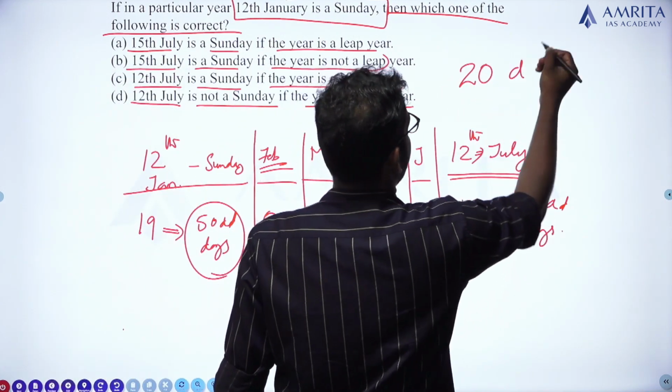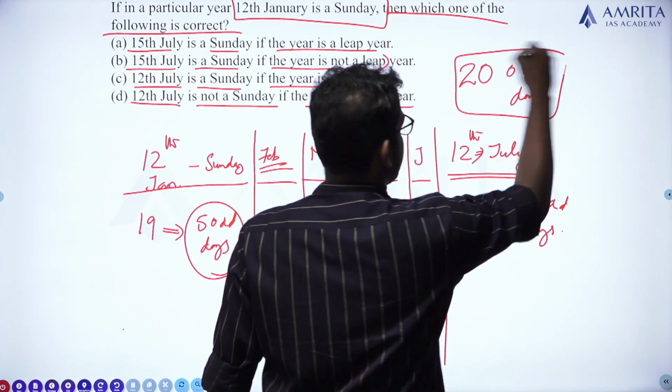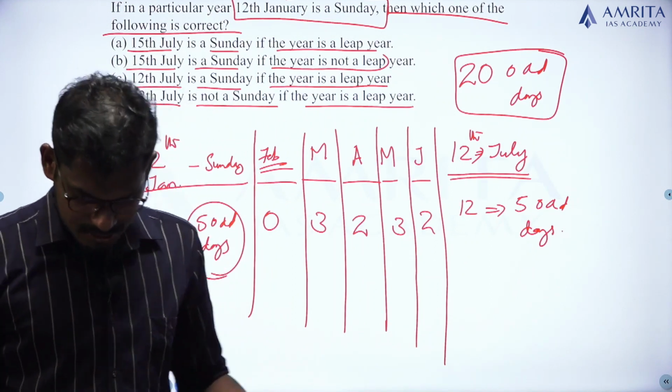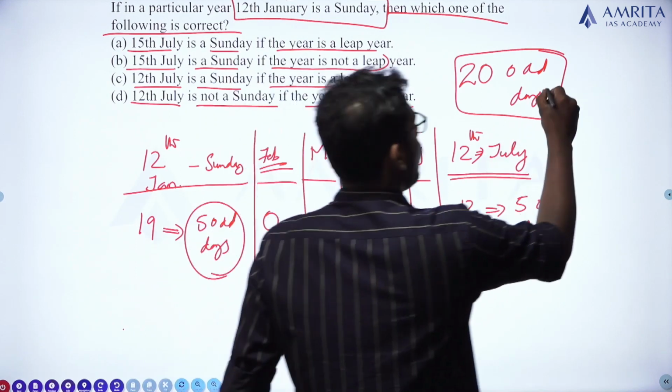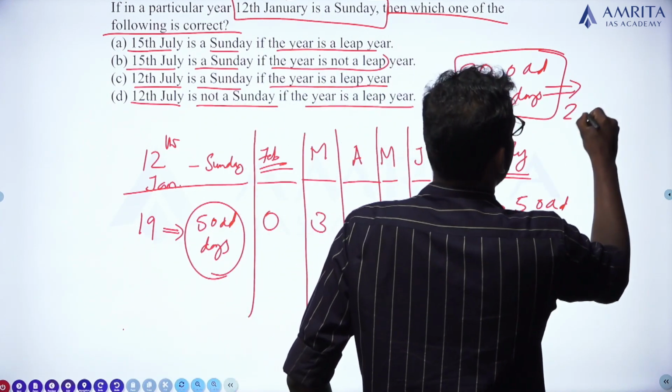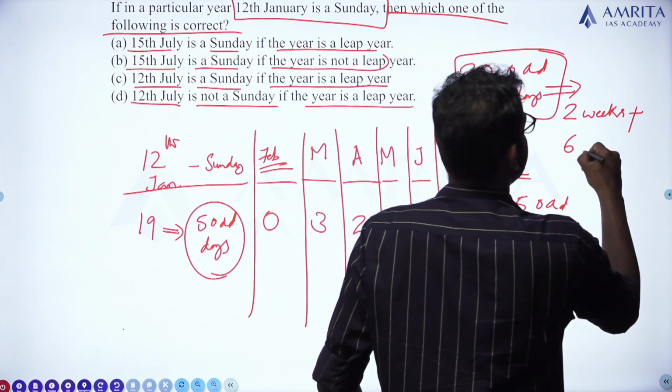So the total number of odd days is 20. Clear? Okay. These 20 odd days contain how many weeks? There will be 2 complete weeks plus the remaining 6 odd days.